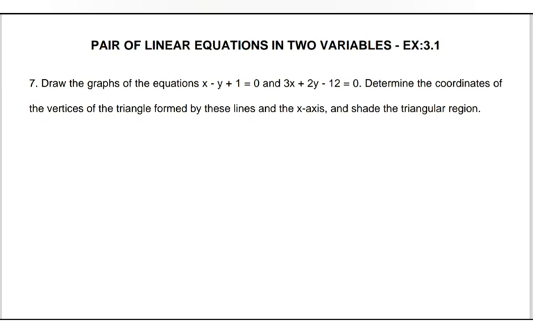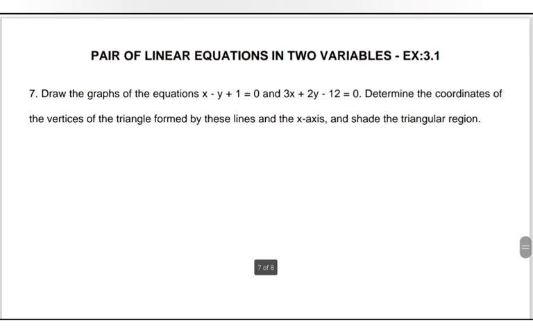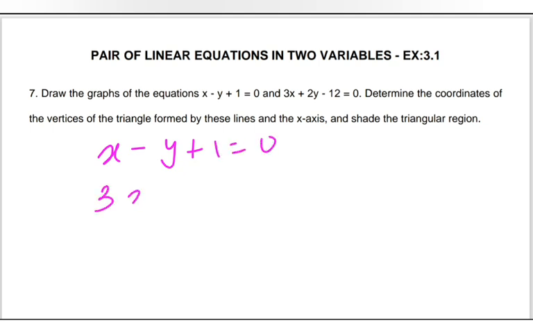Okay, so first equation is x minus y plus 1 equal to 0. Second is 3x plus 2y equals 12. So let's find multiple x and y values for the first equation.